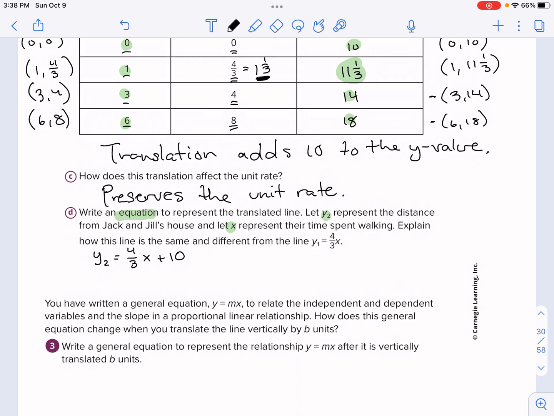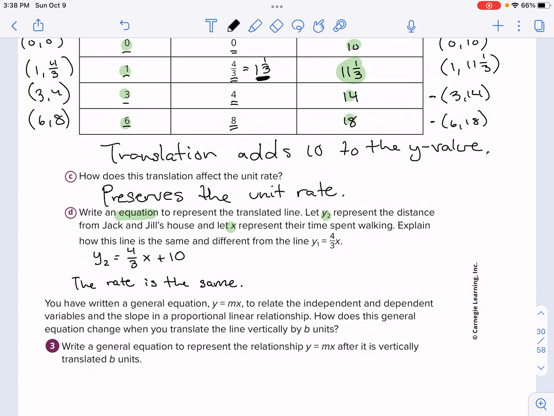But let's go ahead and describe this. So what can we say about the rate? The rate, we can say the rate of change, but I'll say the unit rate. But that just means the slope. The slope is the same.